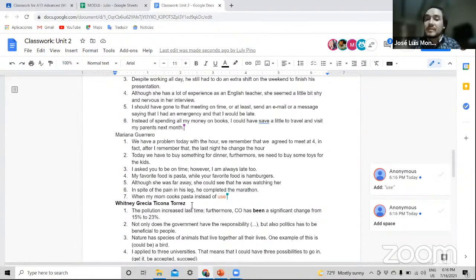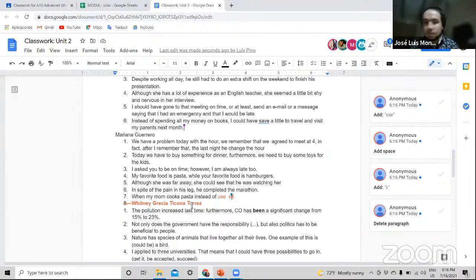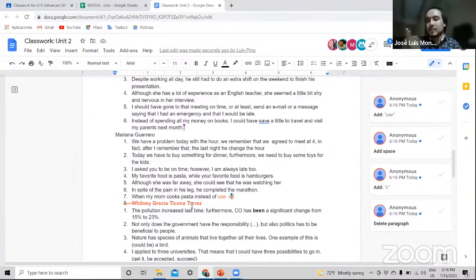Okay, so it depends. The context is going to determine your verb, Mariana, because the rule says that after of, if you want to use a verb after of, it's always going to be with a gerund, all right? Always. There's never going to be, for example, instead of do, no, incorrect.